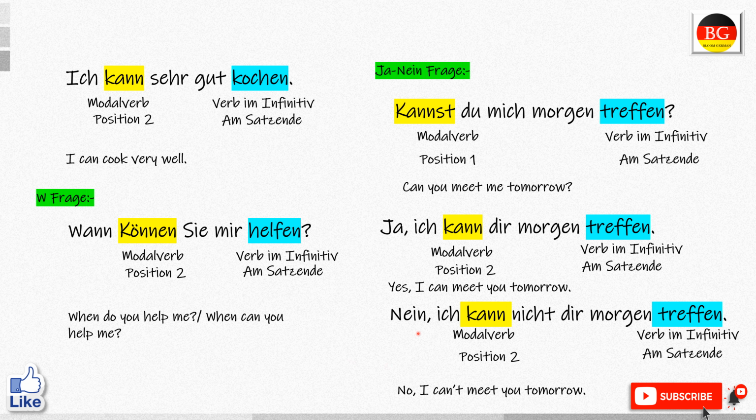Here, what is the rule? Nein, comma, ich. Ich is the subject, plus modal verb conjugated according to the subject. Then comes nicht, then comes the object, and then the main verb in infinitive.